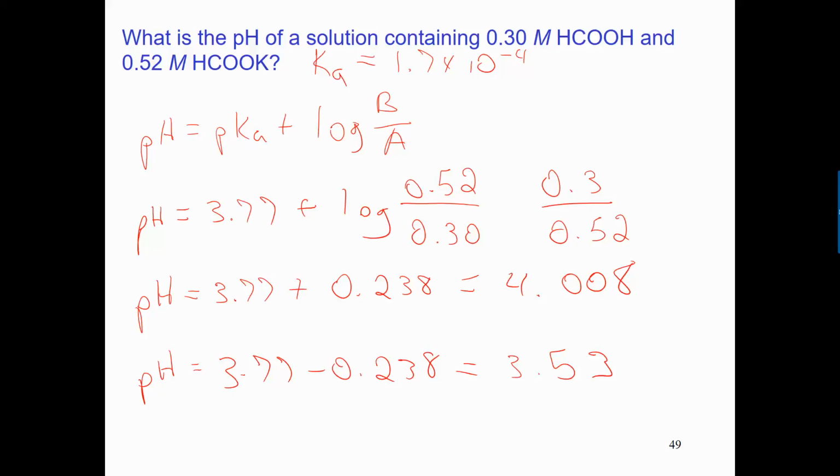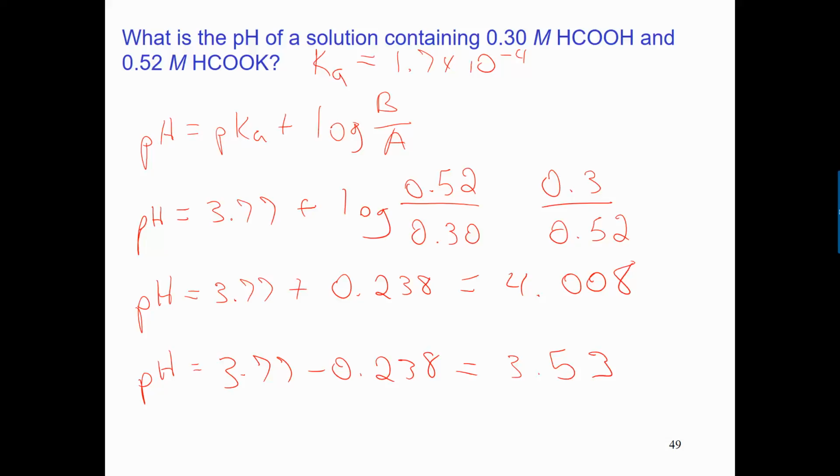All right, now what I want you to see is what we're going to see later: if I change the acid concentration of this, let's say I add some hydrochloric acid to this, that's going to change the concentration of H plus in the buffer system.